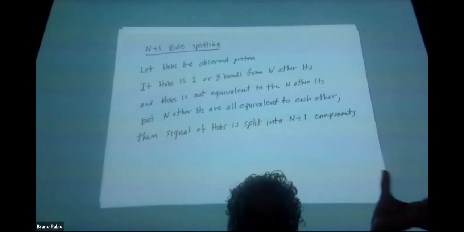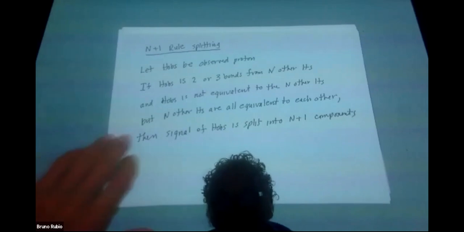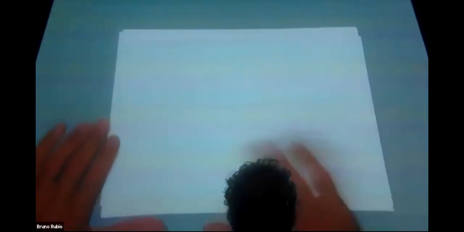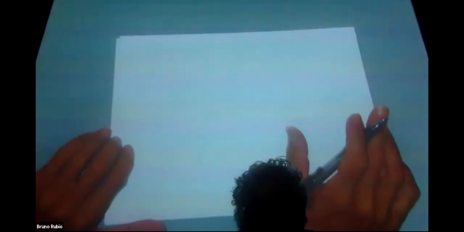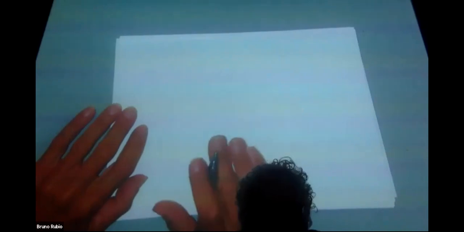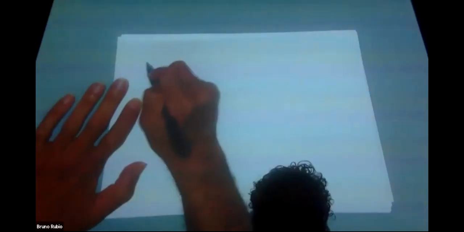The observed proton isn't equivalent to those N other protons, but those N other protons are all equivalent to each other. Okay, so we can introduce some important vocabulary here.